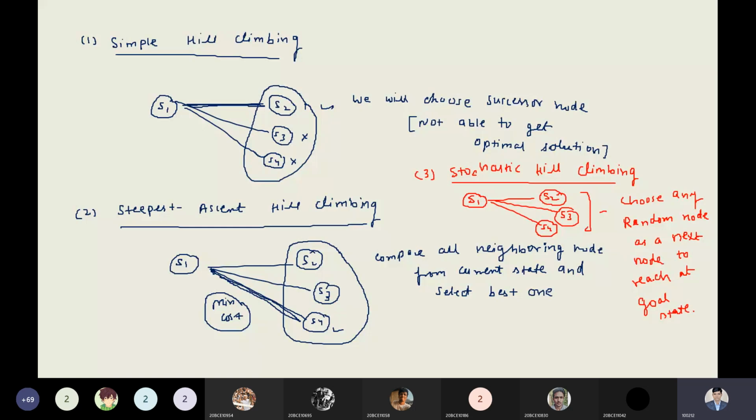Now this is the stochastic hill climbing. You can read it from the red color. Now it is clear. So these are the differences between all three kinds of hill climbing approaches.